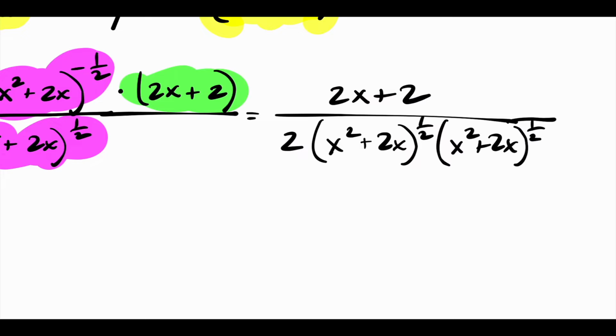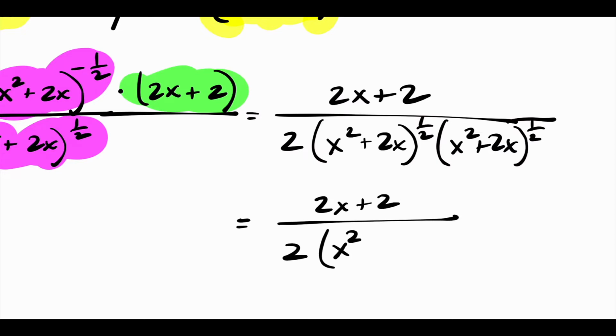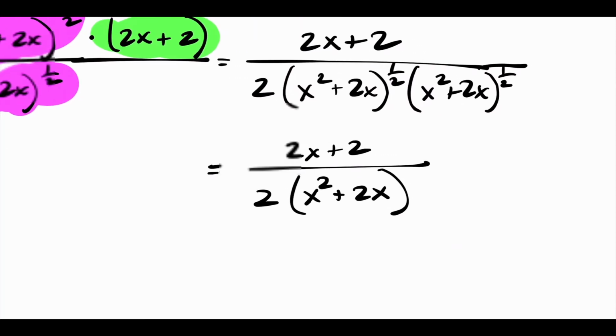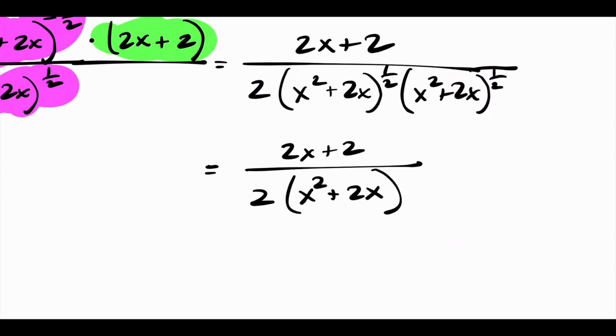Couple things here. First thing, these two guys have the same base, so I can add their exponents. If I add 1/2 and 1/2, I get 1 whole. So I get 2x plus 2 over 2 times x squared plus 2x. And then I see a 2 on the bottom.